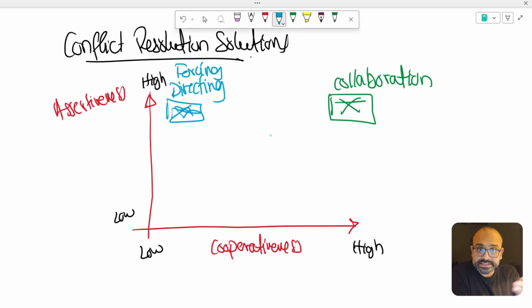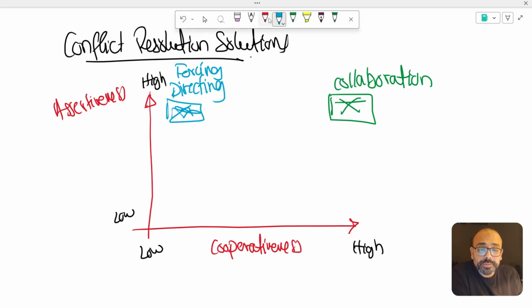High assertive, I am putting my point of view. I need to do that, by the way, sometimes when it comes to project management and team members are not listening. Team members are lacking performance, right? And I don't have time. I need to put my point of view.